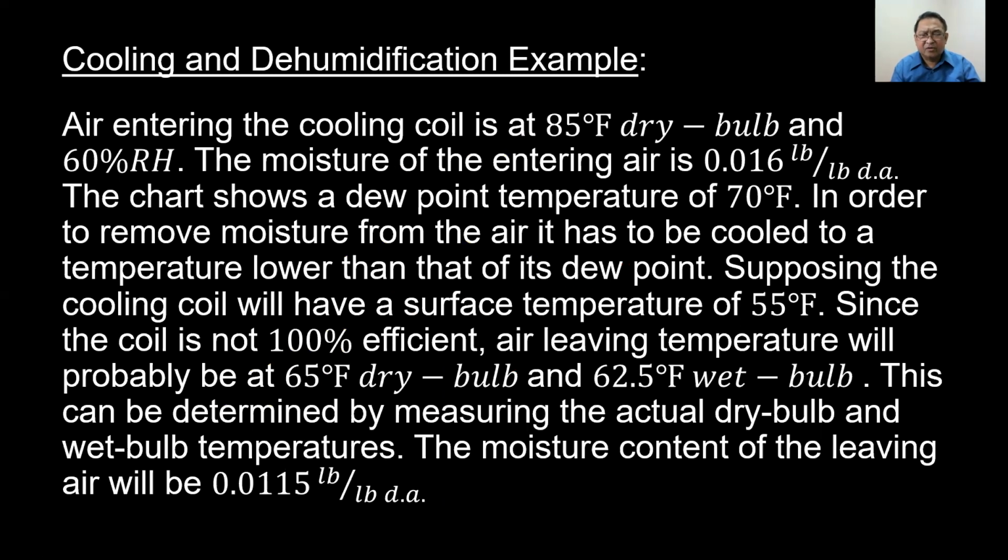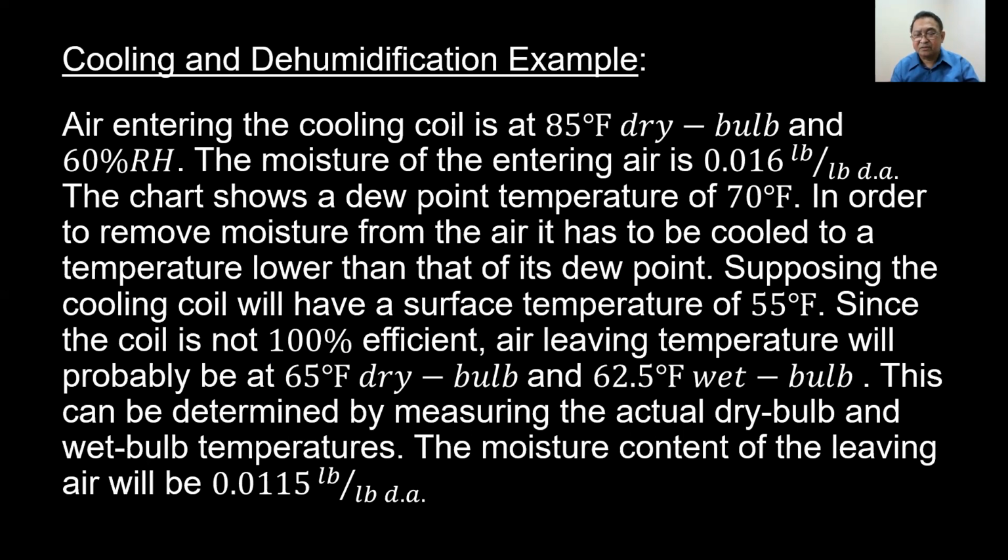Supposing the coil will have a surface temperature of 55 Fahrenheit, and since the coil is not 100% efficient, take note, air leaving temperature will probably be at 65 Fahrenheit dry bulb and 62 Fahrenheit wet bulb. And this can be confirmed by measuring the actual dry bulb and wet bulb temperatures using a sling psychrometer.